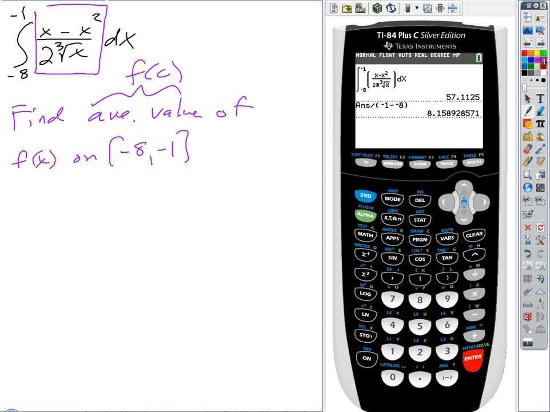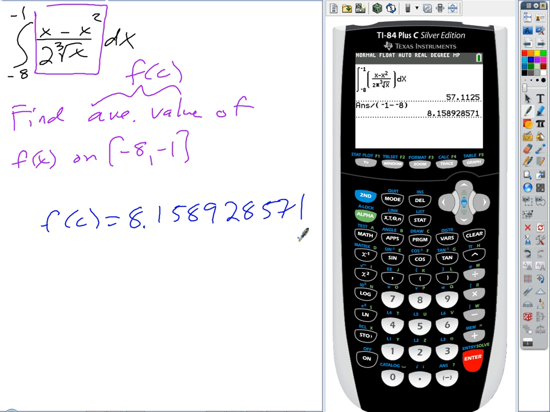So the same kind of thing here. How could I find where the function has this value? All I've got to do now is, unfortunately, write this down. So f of c is equal to 8.158928571. I wish there was a way you could just grab that value. Does it make it a fraction?